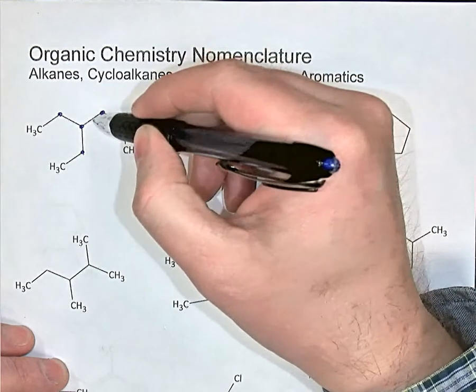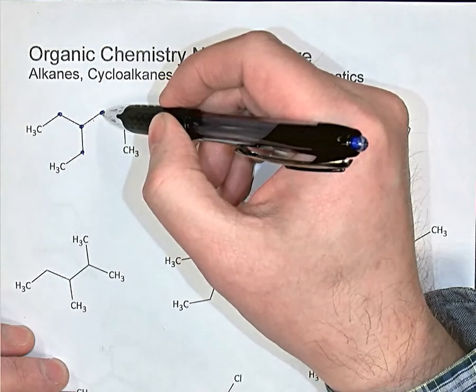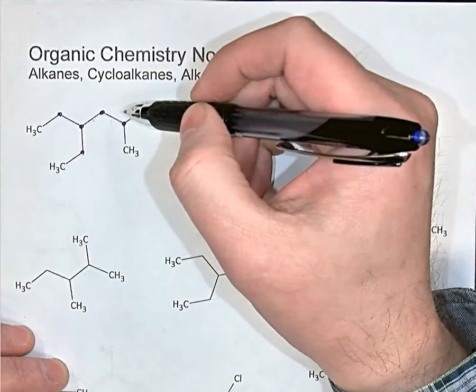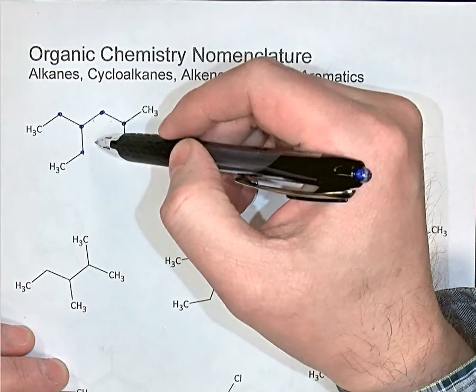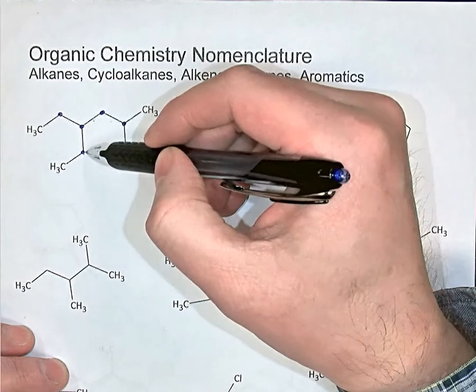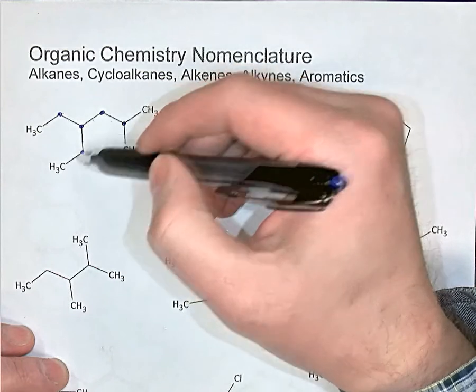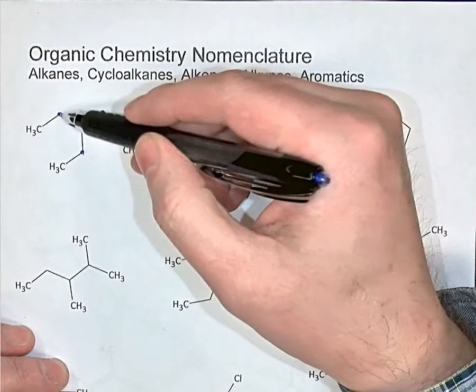This carbon has 2 bonds already to other carbons, so this would be a CH2, 2 hydrogens attached. This carbon here has already got 3 bonds, so to get a 4th bond it needs 1 hydrogen attached. This carbon and this carbon each have 2 bonds, so these would be CH2s. They'd each have 2 hydrogens attached.